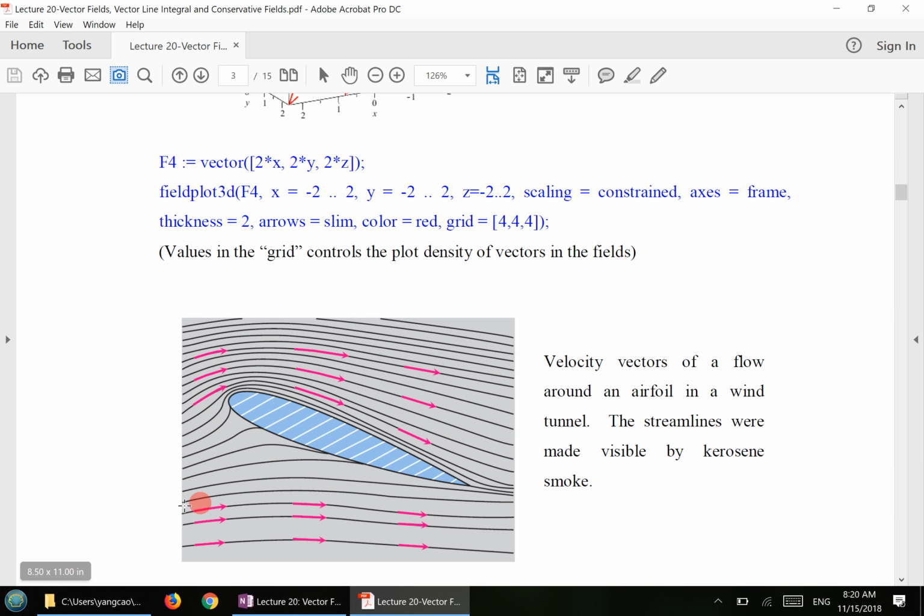And you can visualize the flow of the wind around this airfoil by plotting a cluster of velocity vector fields around it. Then you can try to derive something based on that observation. That's essentially called streamlines around this airfoil. So it's a very useful depiction, one way of presenting information.